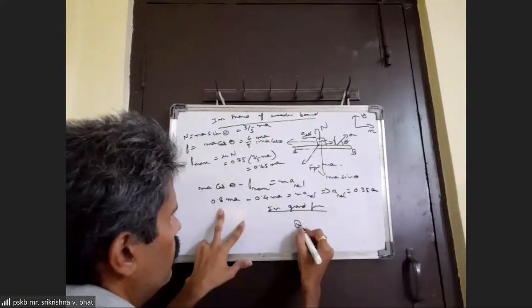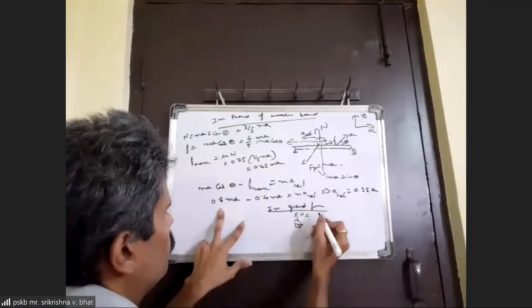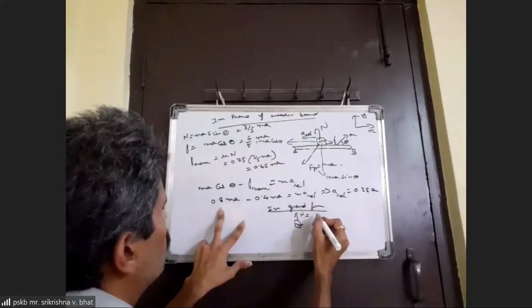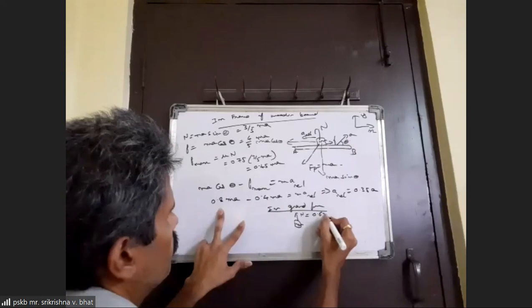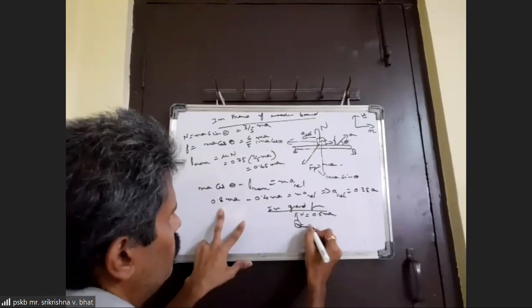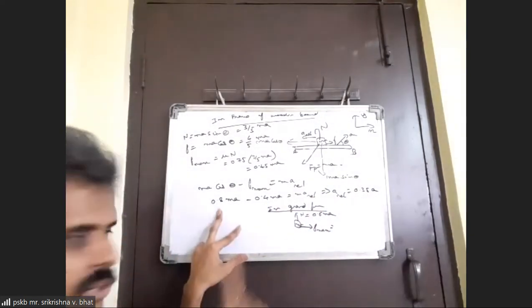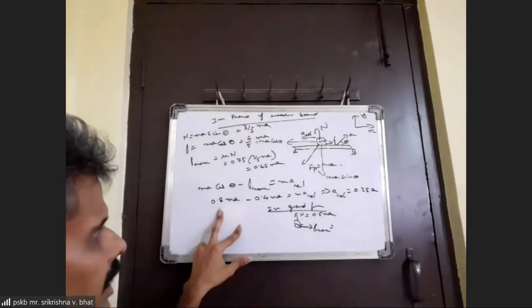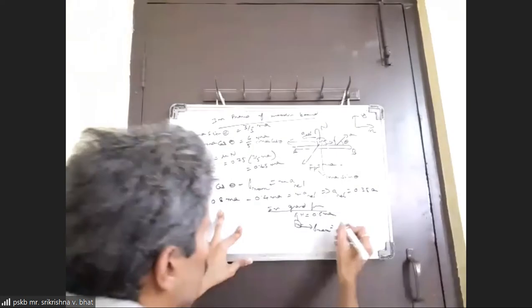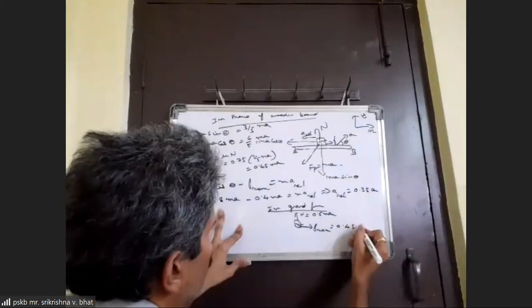In the ground frame, the block is experiencing normal force, which is equal to 0.6 Ma, and friction force F max acting towards the right, and that F max will be equal to 0.45 Ma.